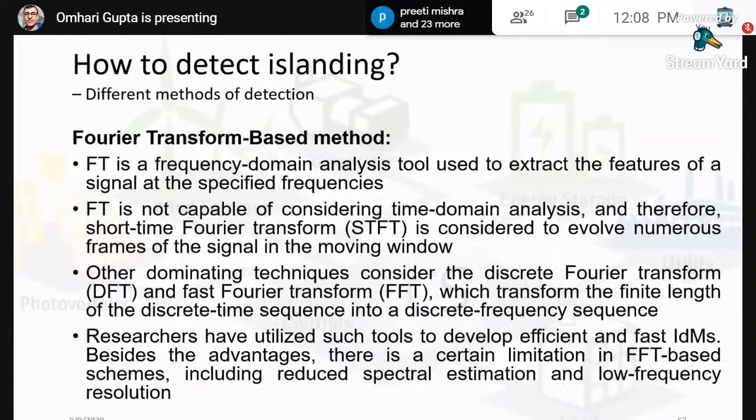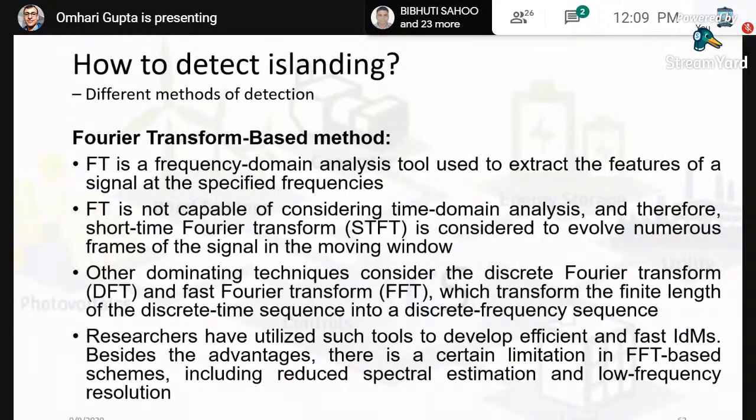In Fourier transform, it is a frequency domain analysis tool that extracts the features of a signal at the specified frequencies. Say there can be different frequency components present in the signal, and out of those frequency components, you will be interested in some particular frequency ranges.